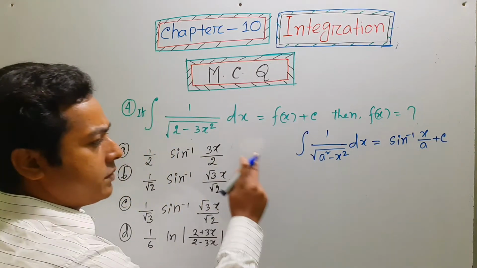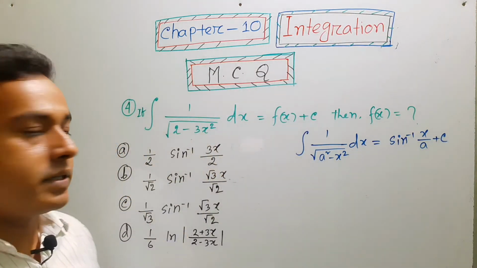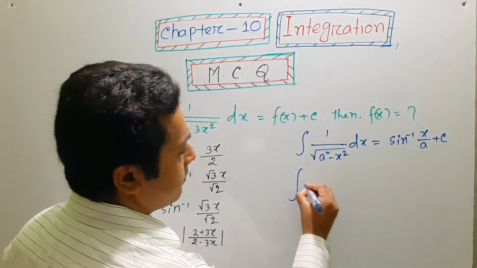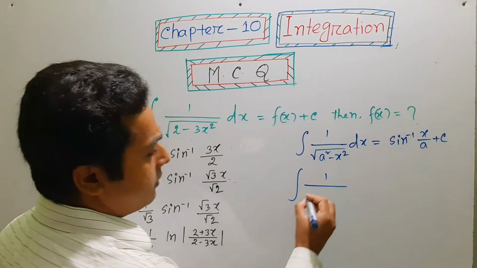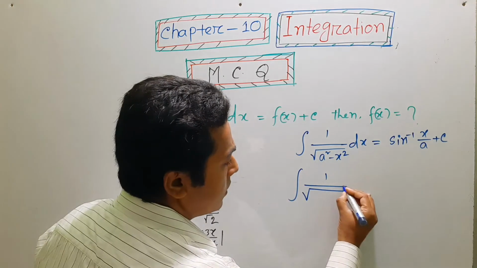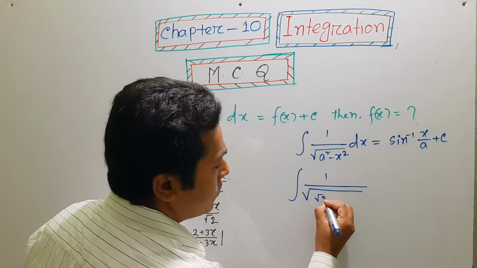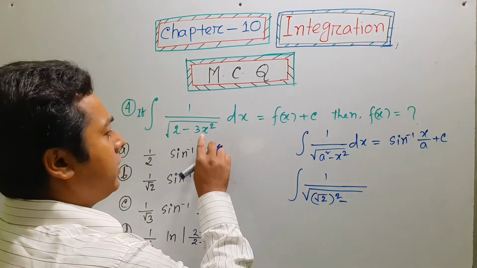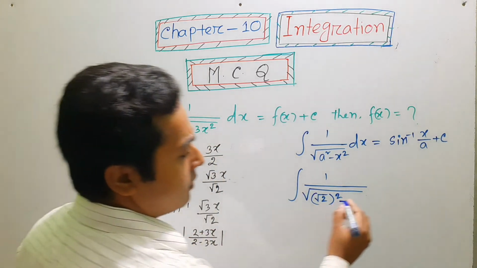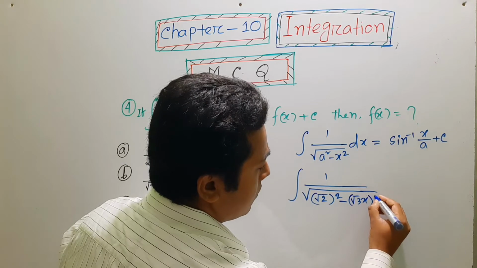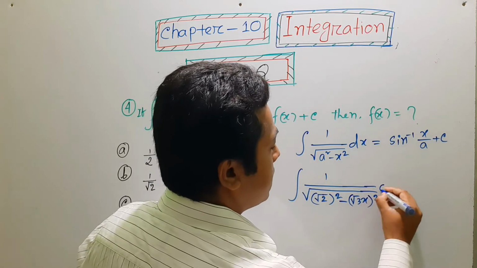So according to this formula, we want to solve this integration, and here 1 divided by, we can write it as root over 2 whole square minus root over 3x whole square dx.